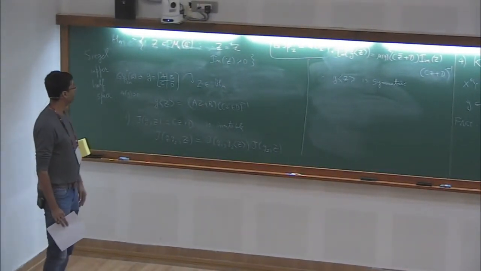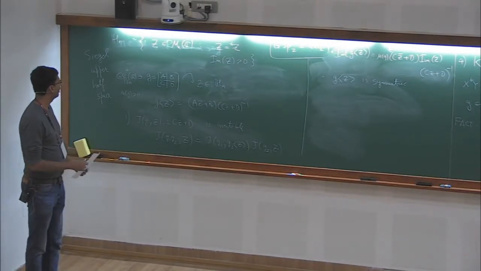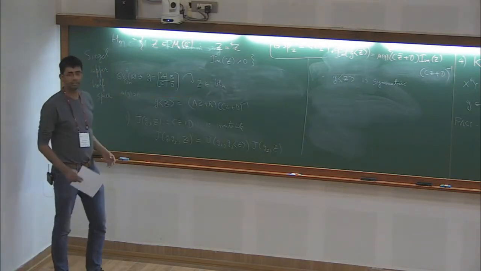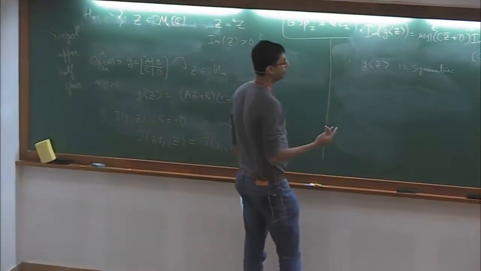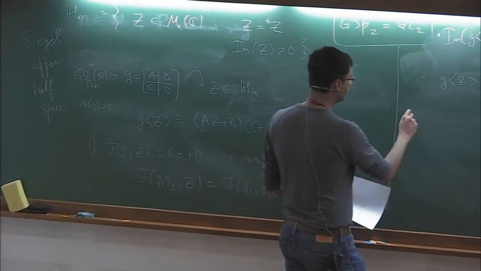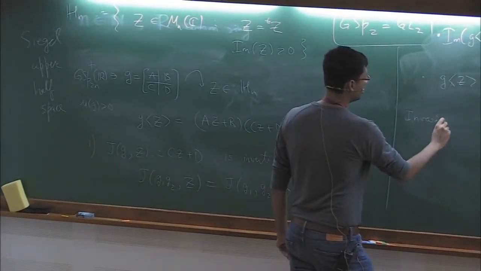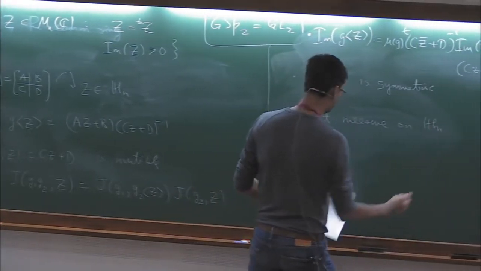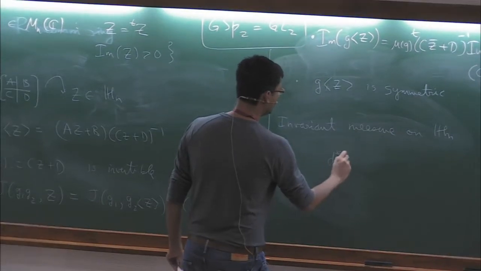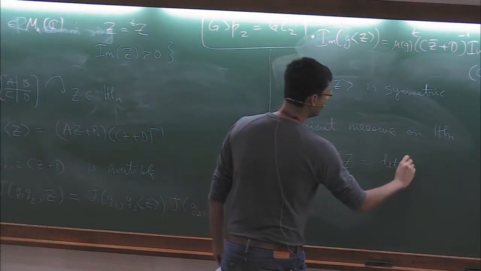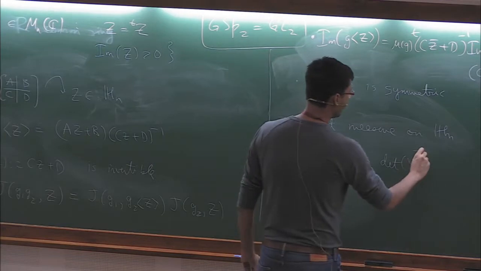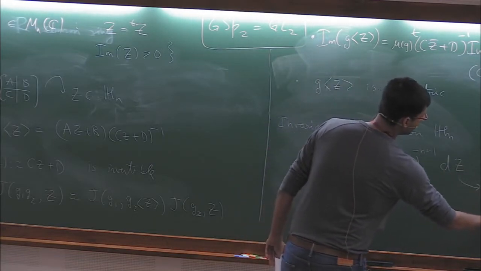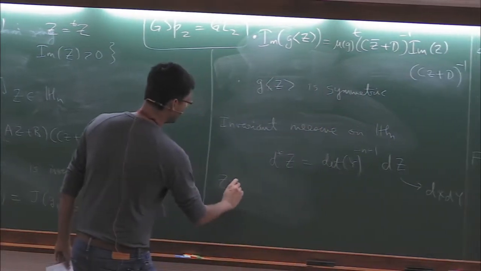One thing I can write down is the measure on H_n which is invariant under this action. That will be used in defining Petersson inner products and so on. The invariant measure on H_n is given by d star z equals determinant of y to the minus (n plus 1) times dz, where dz is just dx dy, and I'm writing z as x plus iy.